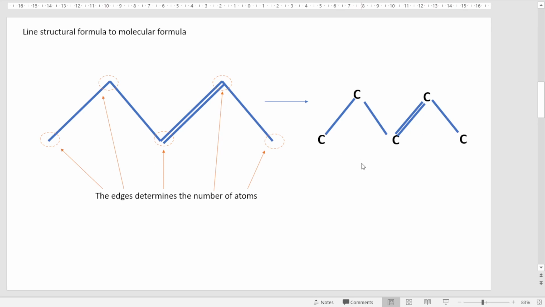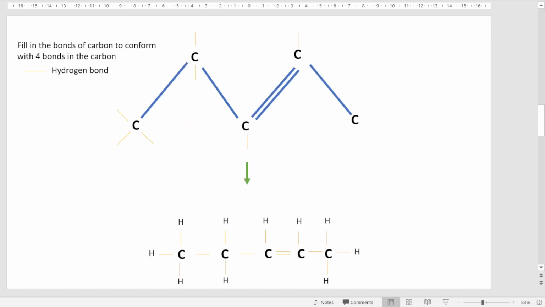Then how can we determine the number of hydrogens attached to each carbon? Fill in the bonds of carbon to conform with 4 bonds in the carbon. So as you can see here, we have the orange line which represents the hydrogen bond.